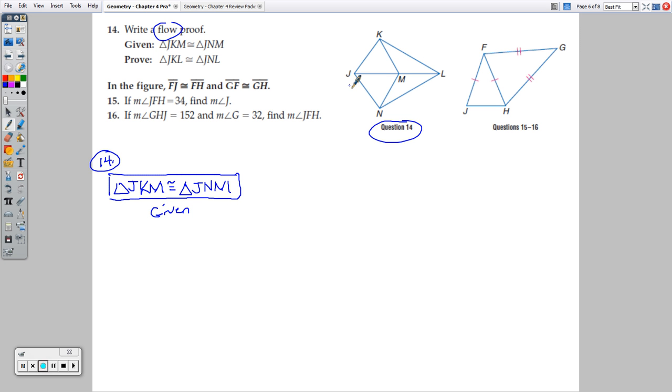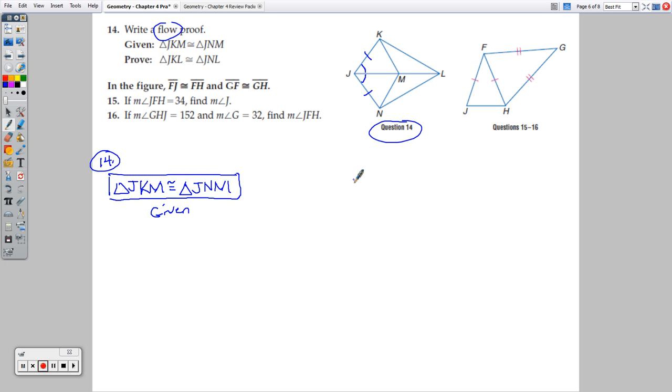Since that is true and we're trying to prove those green triangles, JKL and JNL, are going to be congruent, we could say, since this triangle is congruent to this triangle, this side and this side would have to be congruent. And you could also say that this angle and this angle are congruent, which would also be helpful.